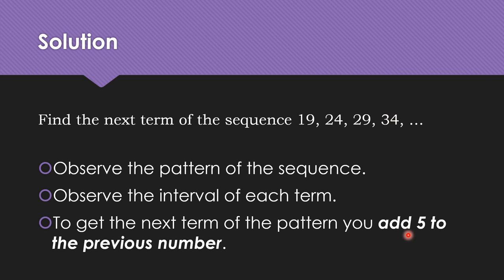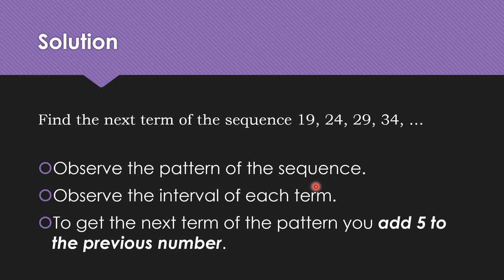So, ibig sabihin, yung pattern natin dito is mag-add lang tayo ng 5 sa previous number to get the next number. So, here, from 19, kita nga natin dito, susunod ay 24. Plus ka nga naman ng 5 doon. And then, 24, add ka ulit ng 5 para maging 29. So, 29 plus 5 ulit, 34.